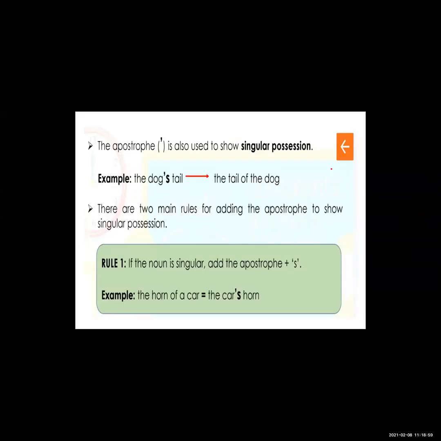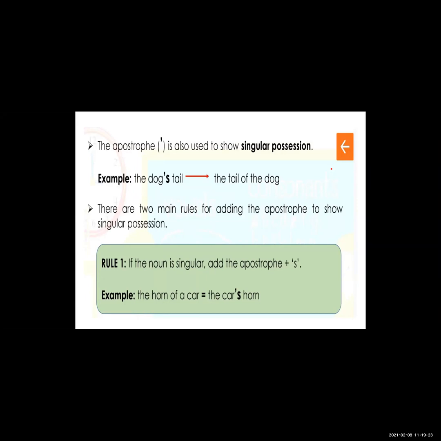Now see, apostrophe is also used to show singular possession. Means when you have to show possession over the things, at that time you will use apostrophe, but singular possession. The dog's tail. See here where we use apostrophe with dog.